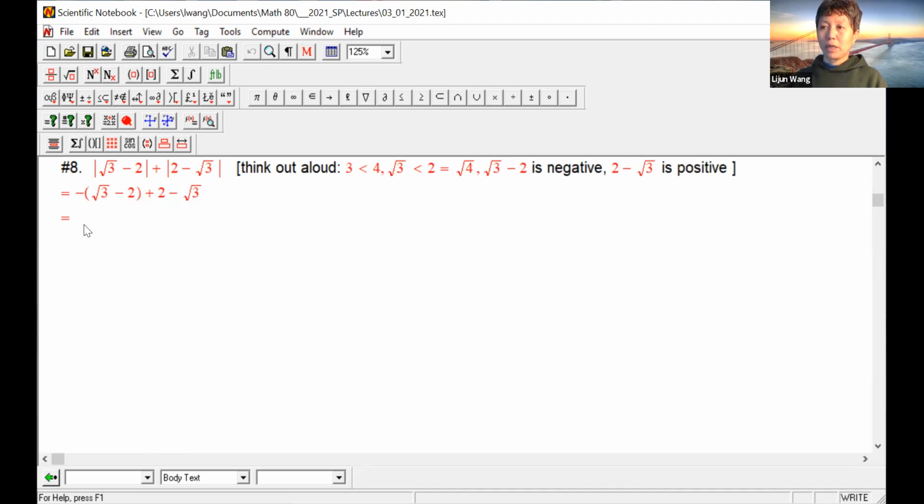So we have 2 minus root 3, and over here we have a plus. And then finally we get 4 minus 2 times root 3, because we have 2 of them, minus root 3, minus root 3. 2 and 2 combined, that's the 4. And that's final.